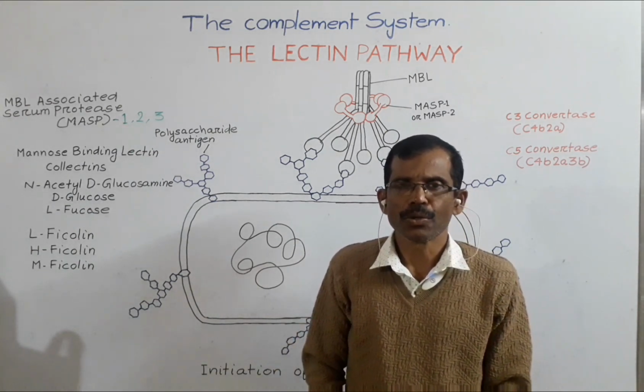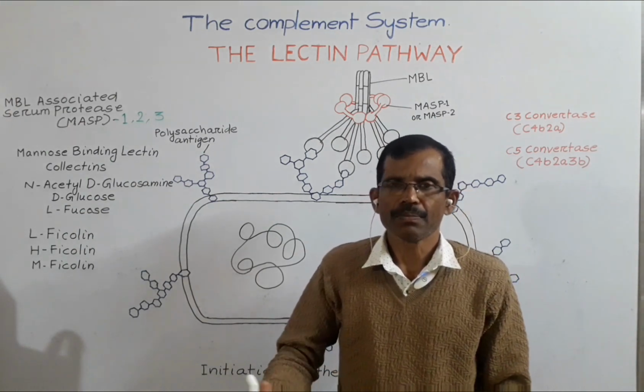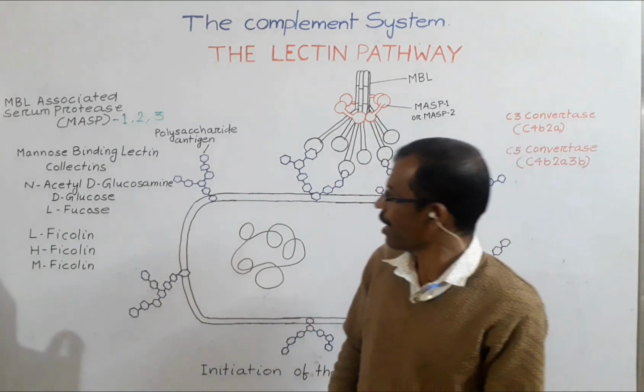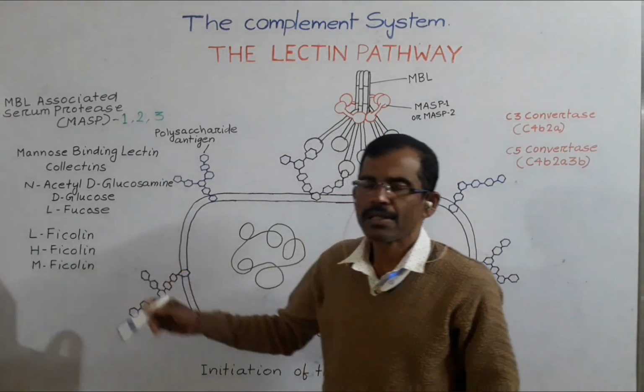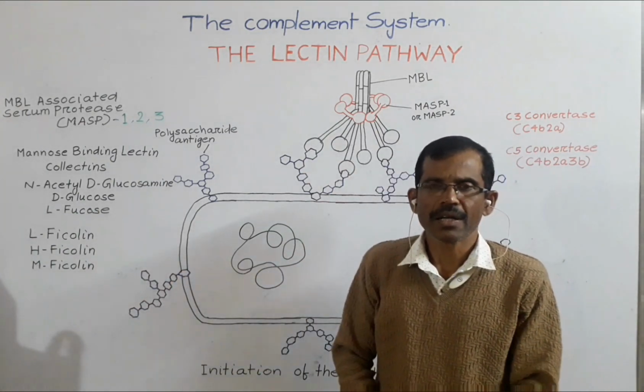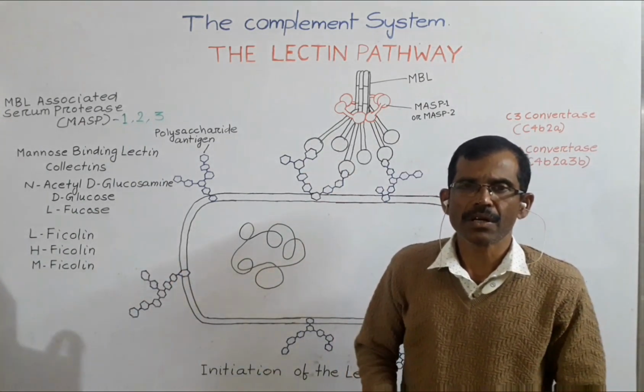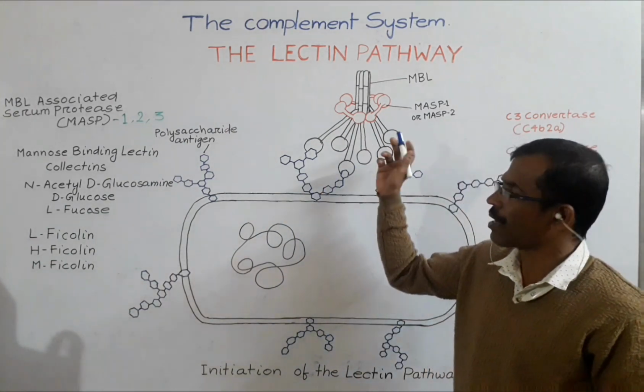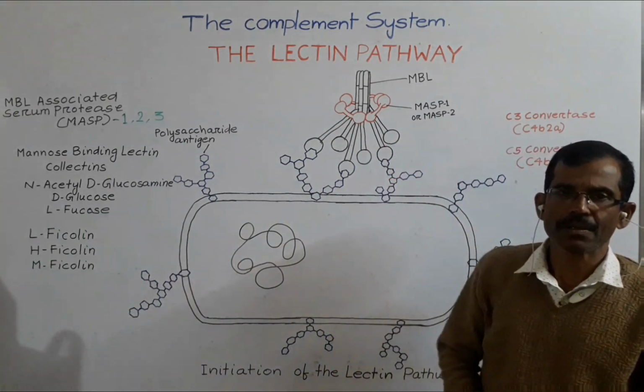In addition to MBL, another family of proteins known as ficolins has also been identified as an additional initiator of the lectin pathway of complement activation.